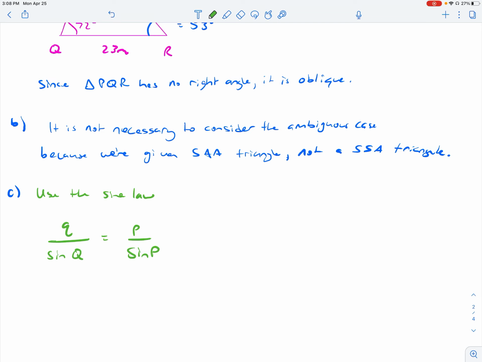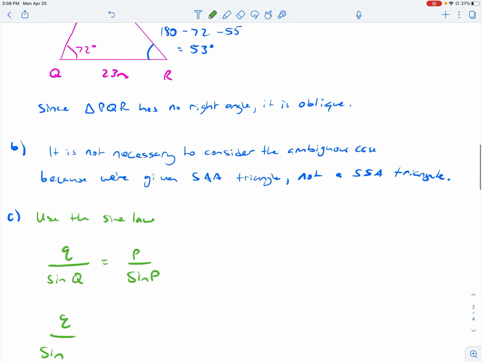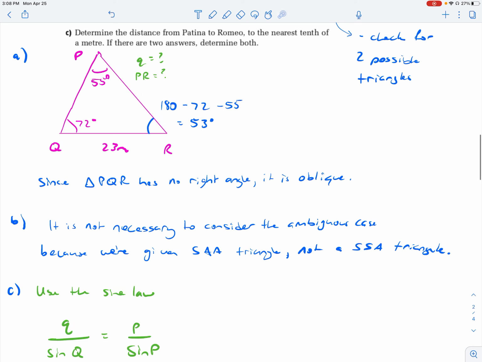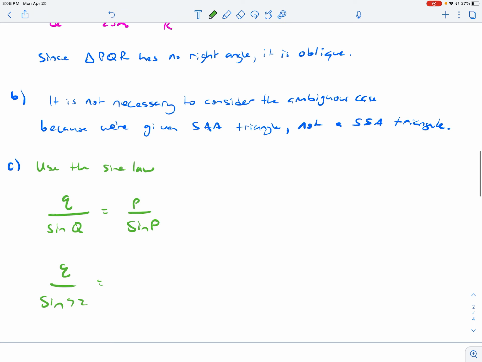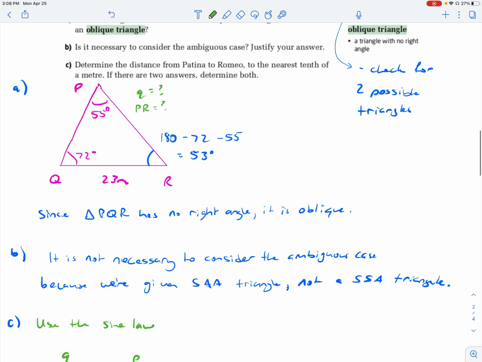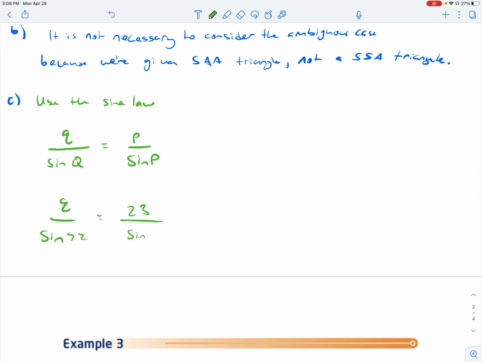Now to fill in some of the stuff we know. We don't know Q, but we know the angle Q. It was 72 degrees. And lowercase p, that's this here, the 23. And sine of angle P, that was 55.